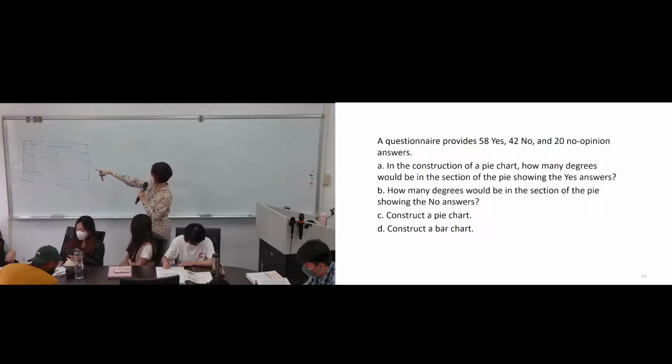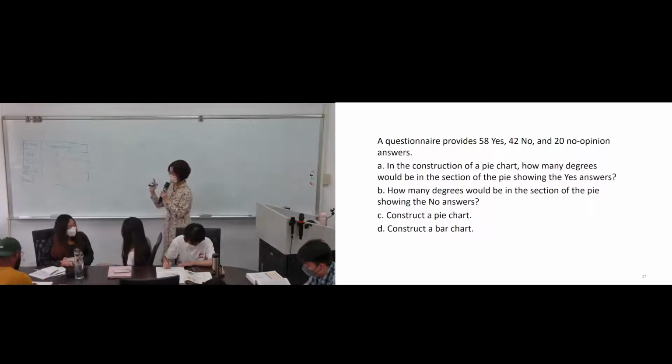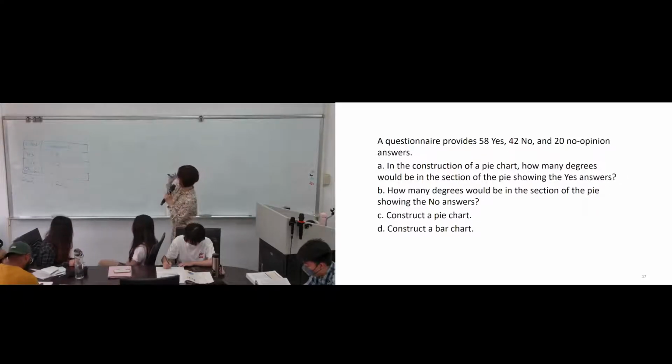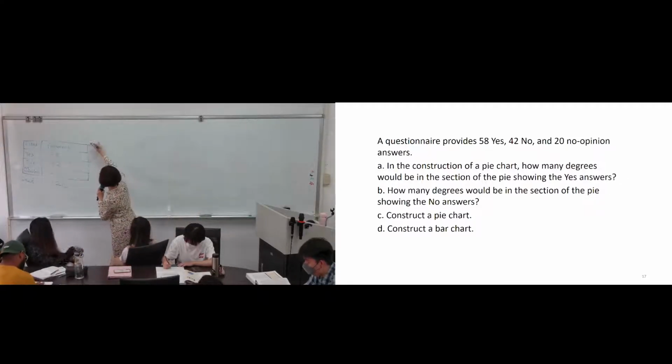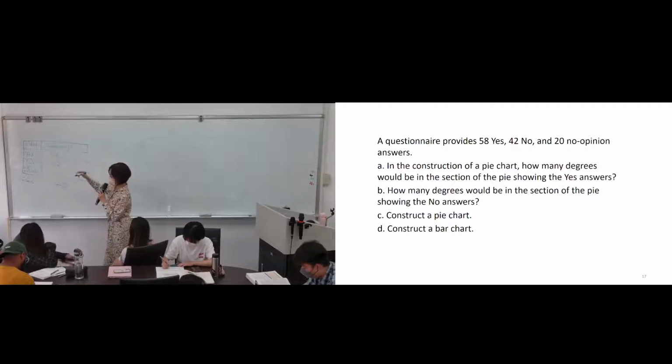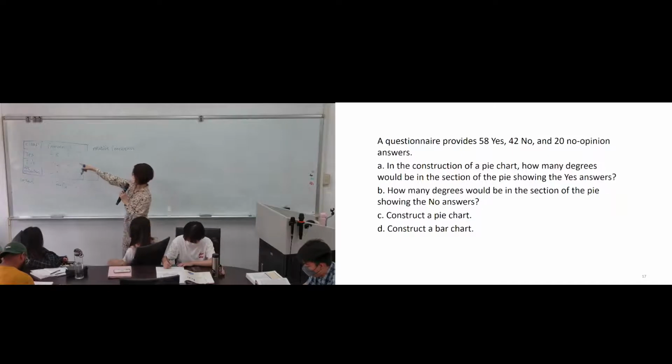First we can construct a table that shows the frequency. And then the third column presents the relative frequency. So yes, that's 58 over 120.